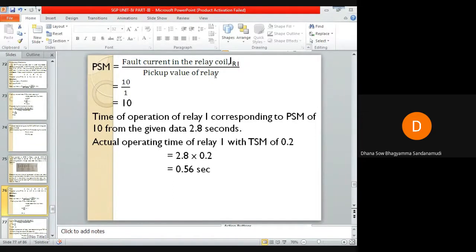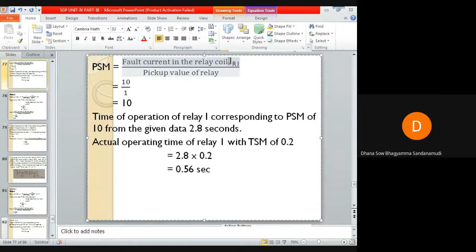So 10 by 1 is 10. You have got the PSM value as 10.